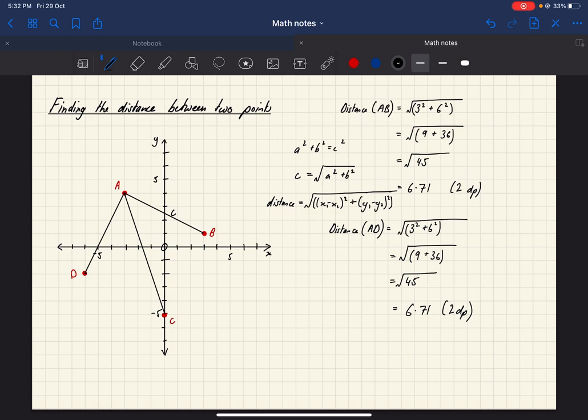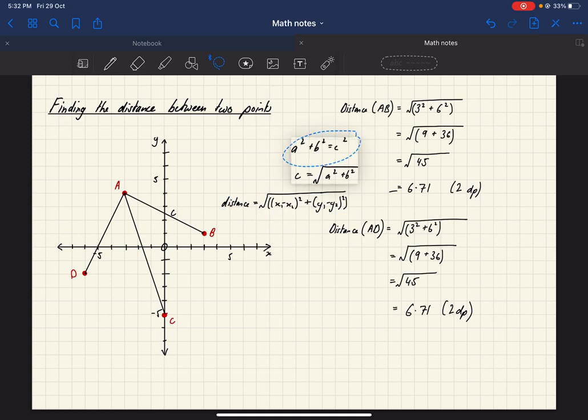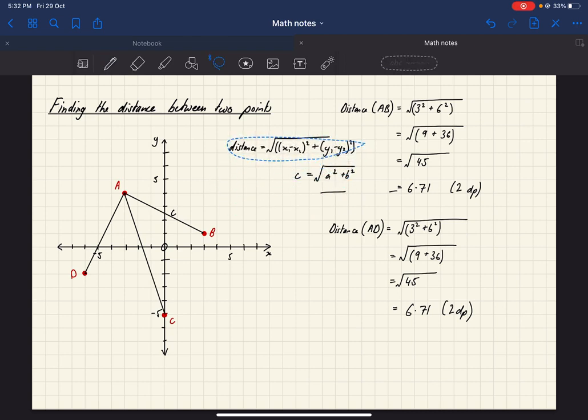So we've done two formulae. We've got distance equals the square root of those two differences. And then we've got this one here. Either one will work. Now we've worked out those two distances between A and B and A and D. So let's do this one here between A and C.